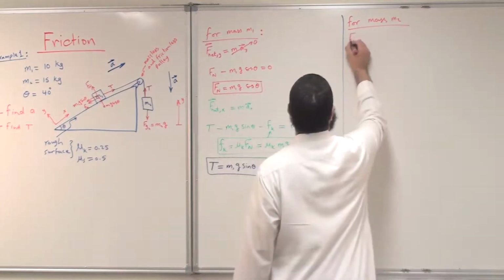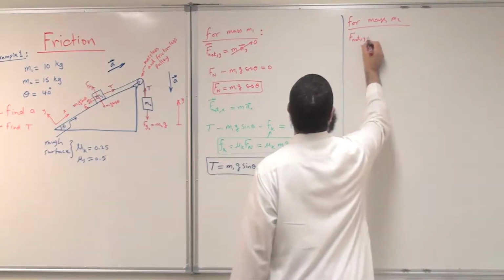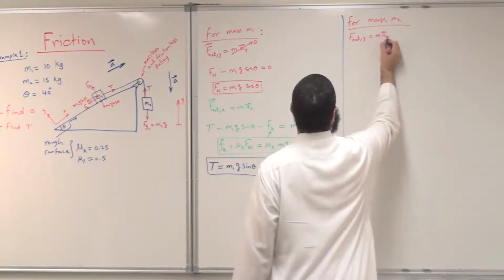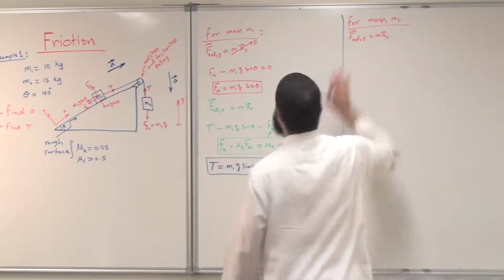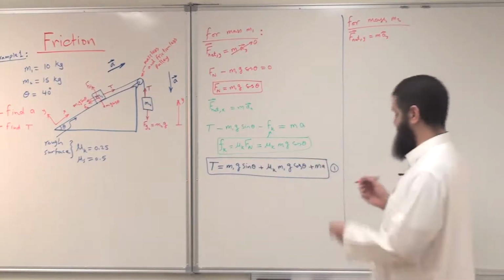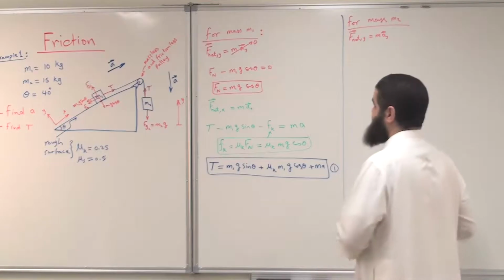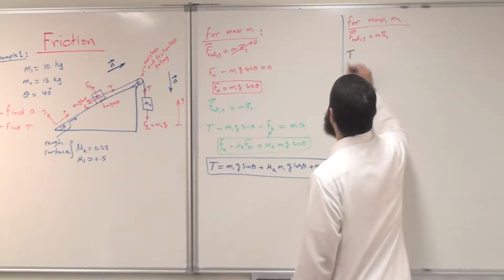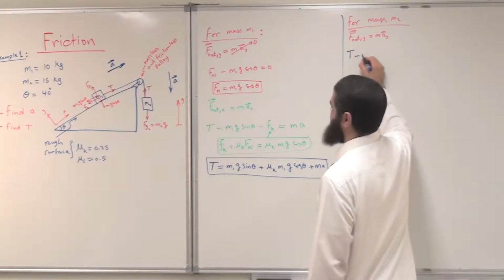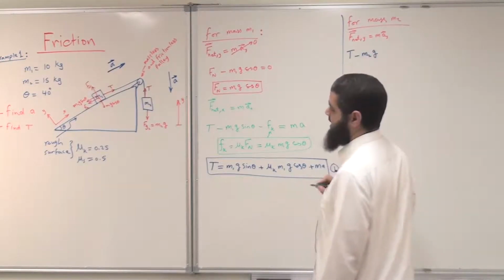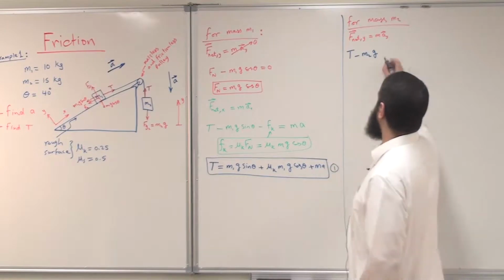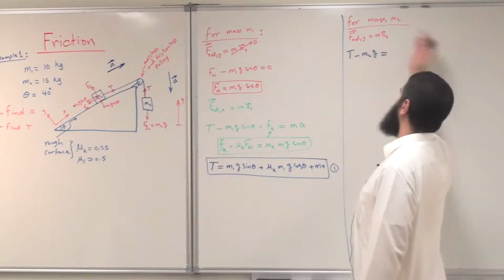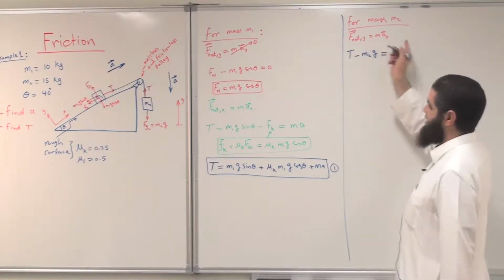So I apply Newton's second law along the y-axis, sum of forces equals m a y. This is the general form of Newton's second law. Now I should apply it. So I have tension upward, positive, minus m2 g, negative because it is downward. I am done with the forces. On the right hand side, I should write the mass and the acceleration.